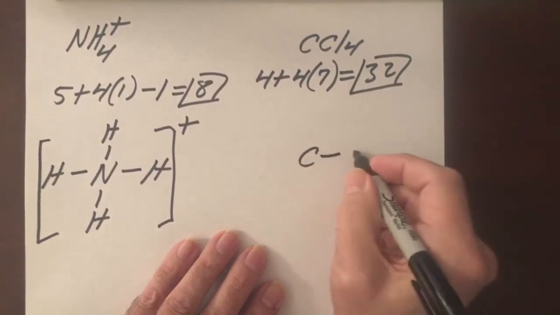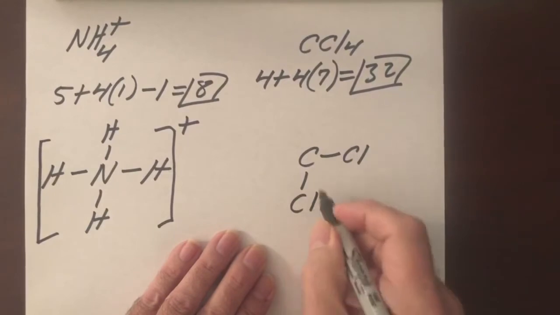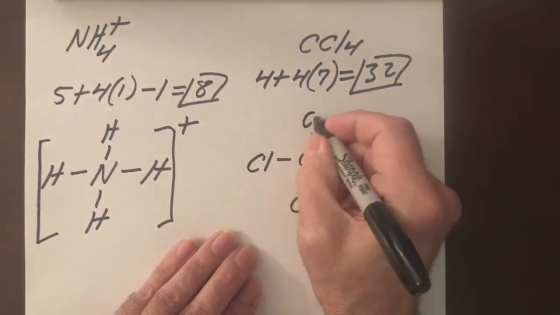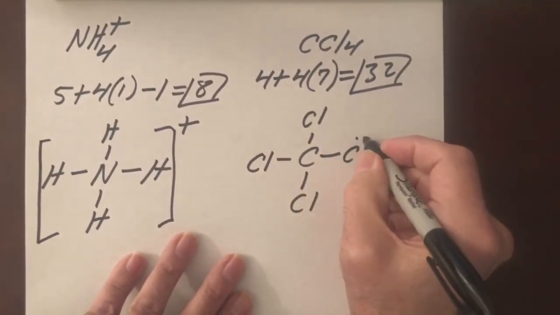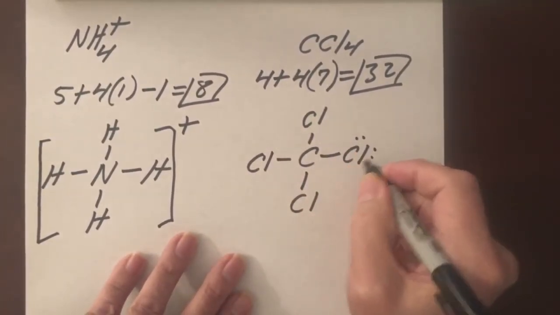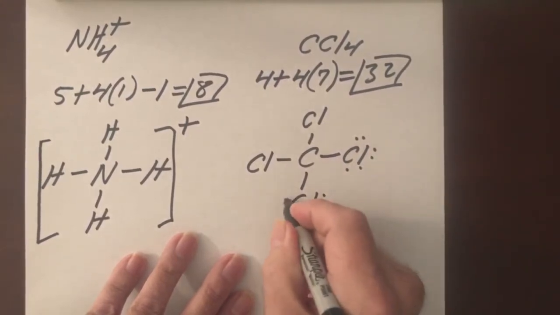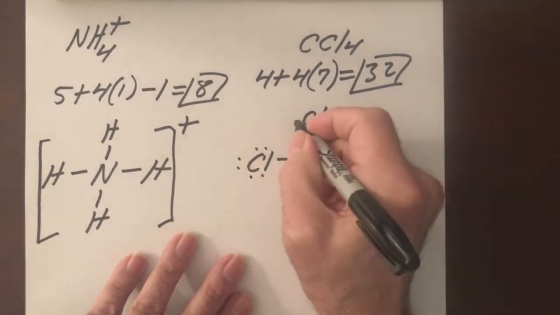Again, think symmetry, so we're going to have all 4 of the chlorines bond to the carbon. And then, to complete the octet for each of the chlorines, we're going to need to have 3 lone pairs. All 4 of the chlorines.